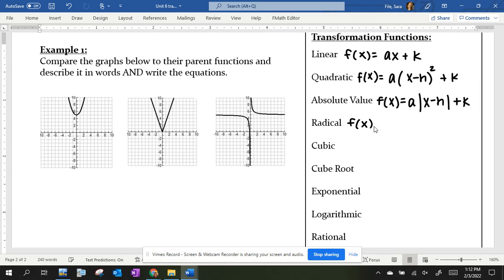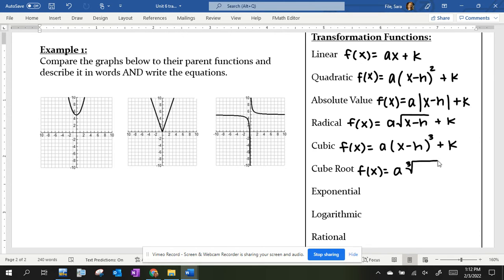Radical, keeping the same pattern, but instead of absolute value bars, you'll have a radical, a square root, and a plus k. Cubic is going to look almost identical to the quadratic, but instead of squared, it will be cubed. Cube root will look just like the square root one, except it'll be a cube root. So there will be a 3 in that index.